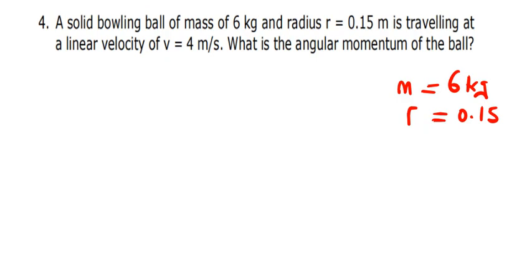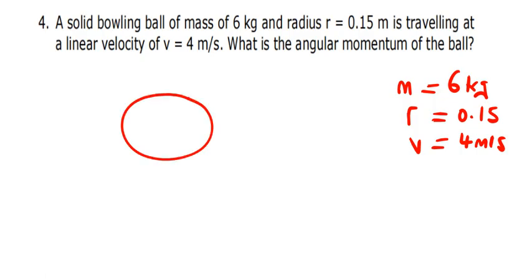Then what other thing have we been given? We've also been given the speed, the linear velocity. It is for a certain purpose. We are going to realize why we've been given linear velocity. In this case it is 4 meters per second. Basically this is what we have. So let's say this is the ball, and it is going in this direction.